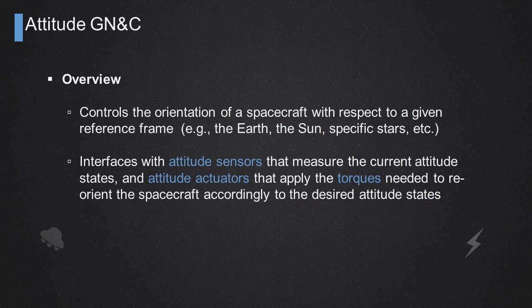And again, as I touched on previously, the attitude GN&C software interfaces with both attitude sensors that measure the current attitude states, and attitude actuators that will apply the required torques to make sure that the spacecraft reorients itself to the desired attitude states as provided by the attitude guidance function.